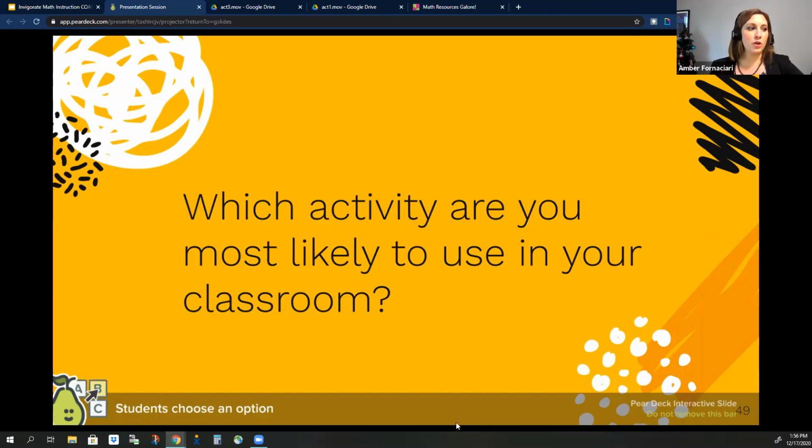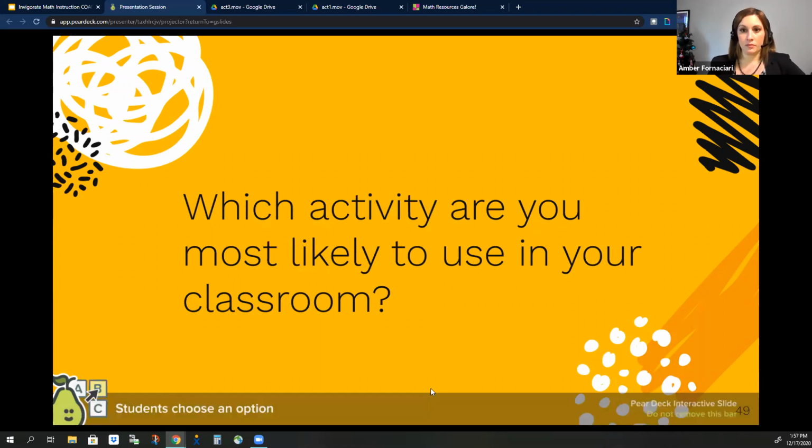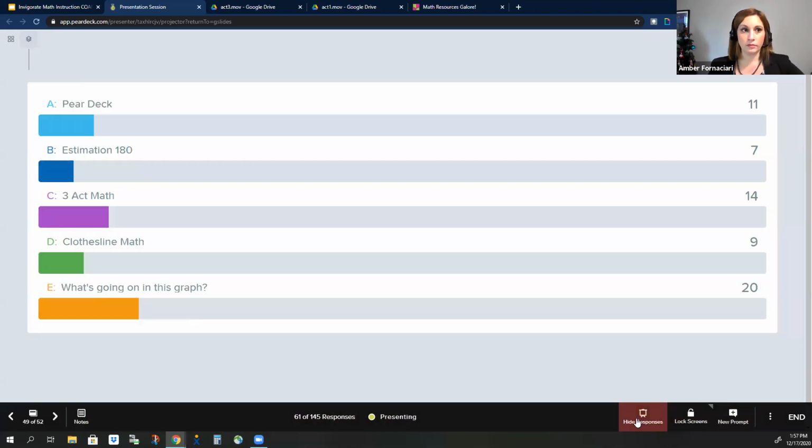Which one are you most likely to use in your classroom? So here's the graph that's going on Pear Deck.